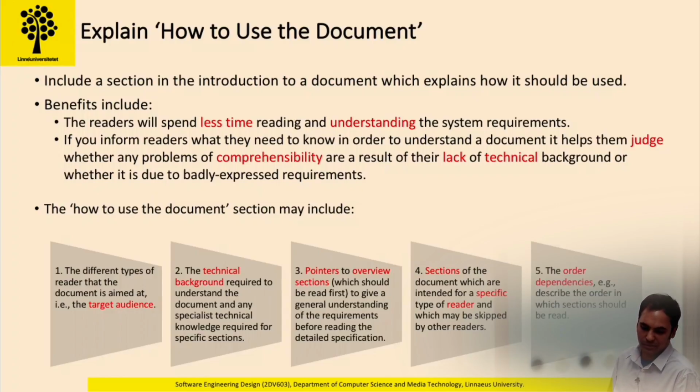And also sections of the document: if there are sections for any particular readers or that are not for general people, you can mention those sections in the how to use document subsection. And also the order dependencies. So certain sections might be dependent on other sections. So this also should be mentioned in this subsection. This is also an important part of the requirements document, but it was not provided in the previous two structures.